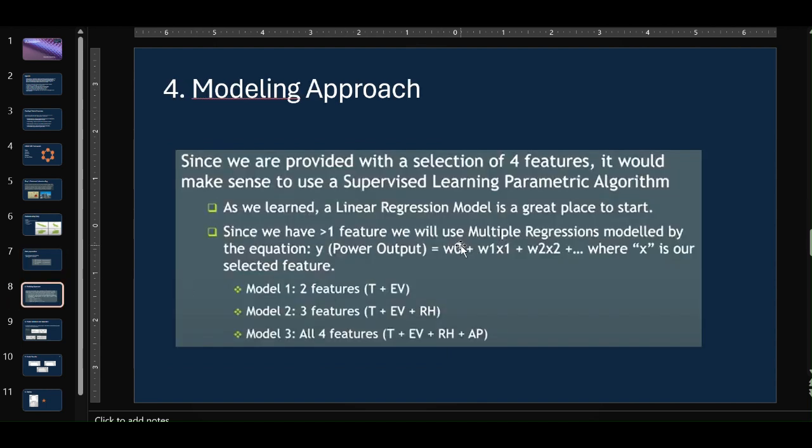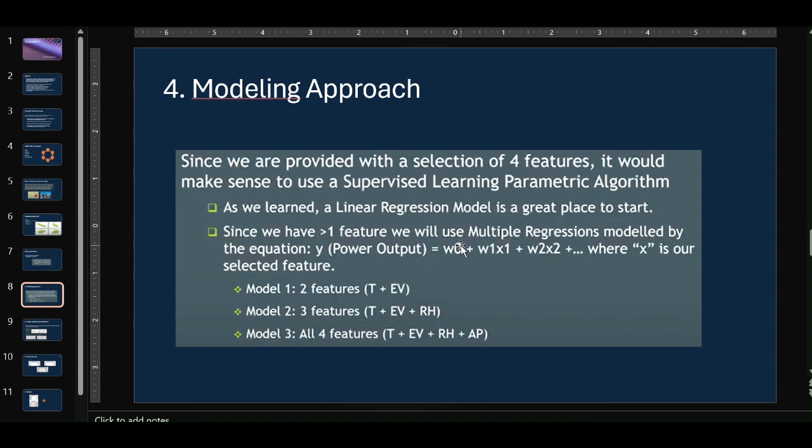Now, going into the modeling approach, since we are provided with a selection of four features, it would make sense for us to use a supervised learning parametric algorithm. As we have learned from the course, a linear regression model is a great place to start with anything that is supervised learning.